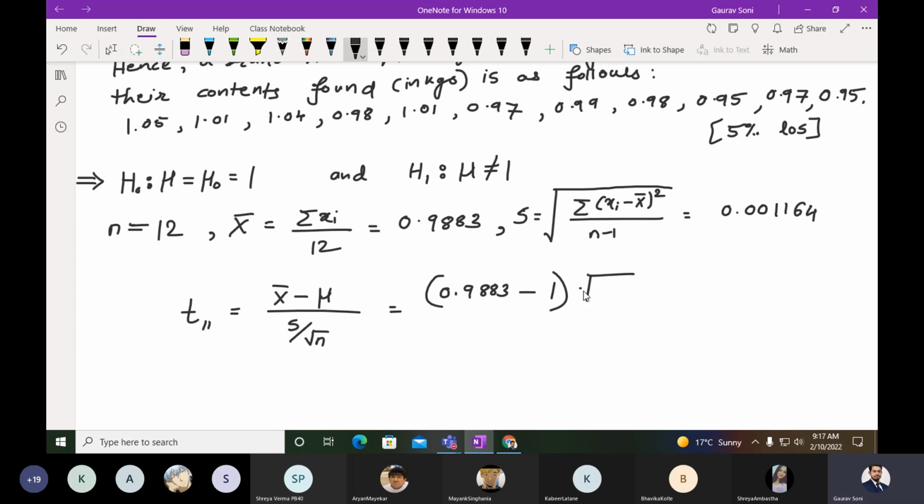So that is under root of sample size 12, divided by s, which is 0.00164. So this is minus 1.1881.